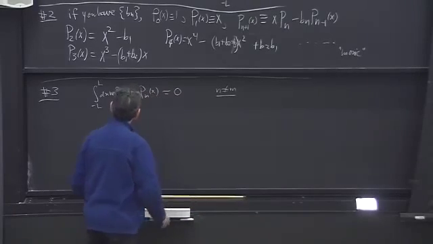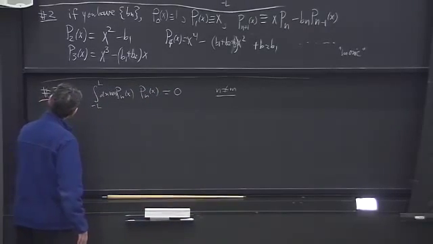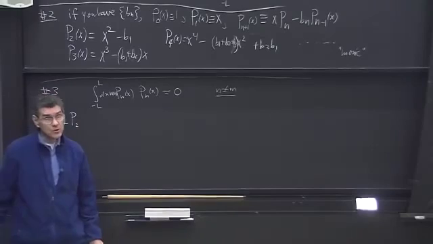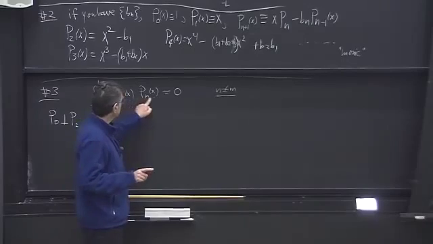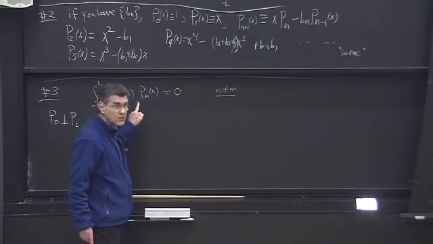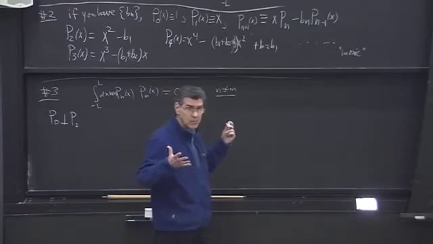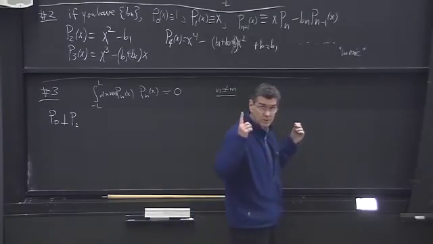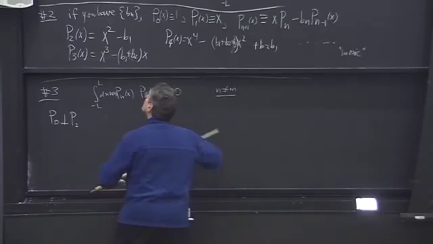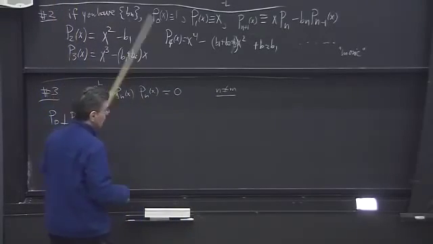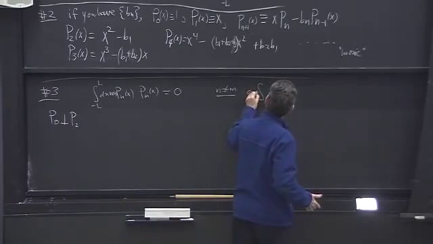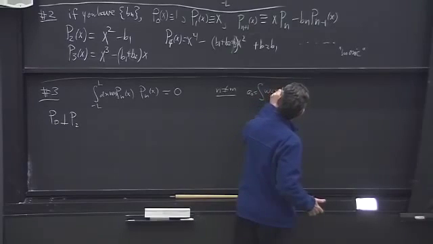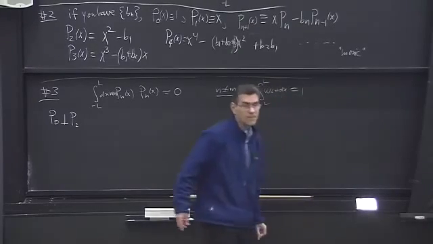So let's require, for example, that p0 is orthogonal to p2. That's a non-trivial condition. If we multiply p0, which is just 1, times p2, and integrate, remember we assumed that the 0th moment, the integral of the function w itself, a0, the integral of w from minus L to L, is just 1.